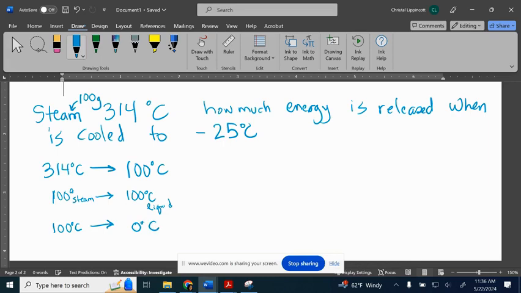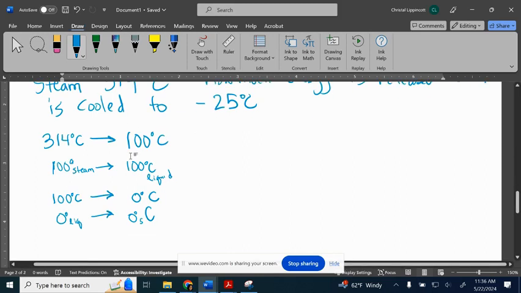Then I have to go from 0 degrees Celsius liquid to what? To solid. Yep. And you could think of that as ice, however you want to think of it. And then we have to cool that 0 degrees Celsius solid down to negative 25 degrees Celsius. Okay, so we're going to have 4 separate problems here that we're doing.